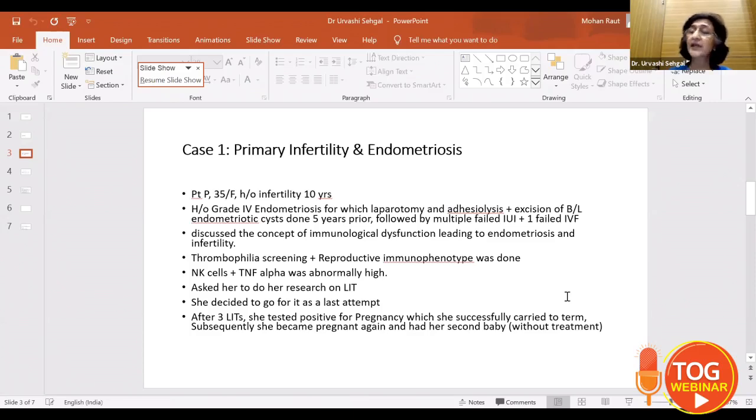So now came the question of what the treatment for it was. Again, I asked her to do her research on immunotherapy, since at that time it wasn't widely accepted.